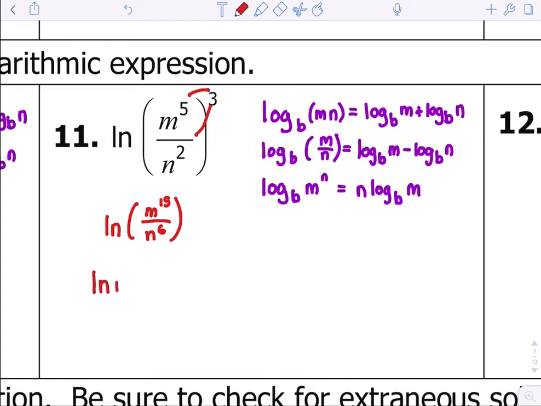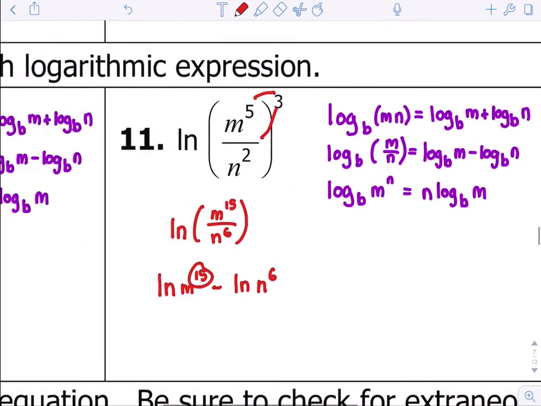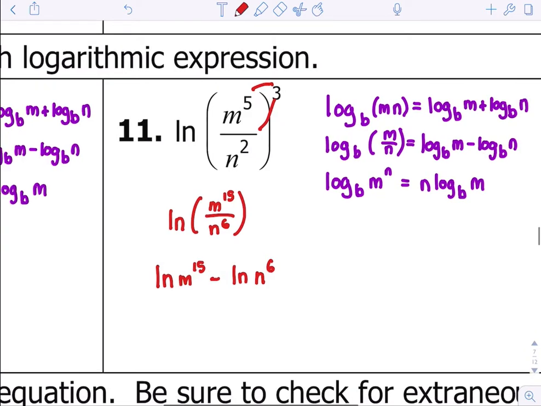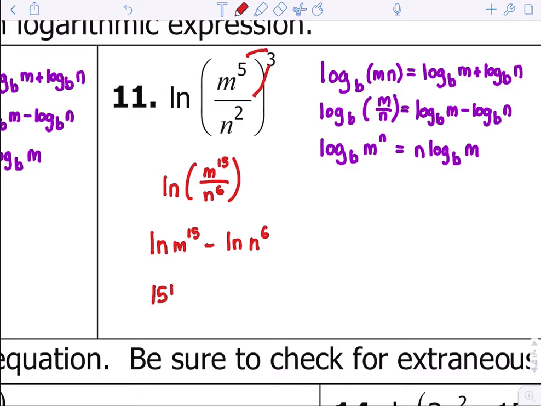Natural log of m to the 15th minus natural log of n to the 6th. And now let's use the power rule to bring the powers to the front for the coefficients. So we got 15 natural log of m minus 6 natural log of n.